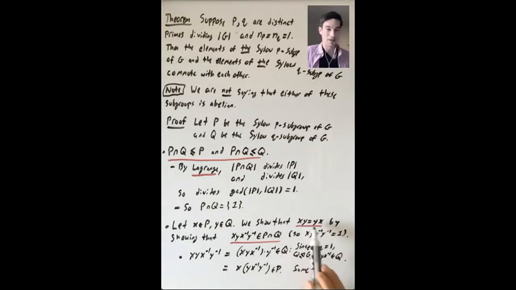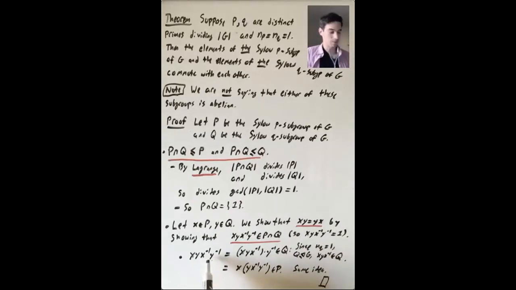So that's an if and only if statement. So once we know that xyx inverse y inverse is in the intersection of P and Q, then we know that that product is equal to 1 because the only thing in the intersection of P and Q is the identity element. All right, so let's show that xyx inverse y inverse is in P, and also that xyx inverse y inverse is in Q.